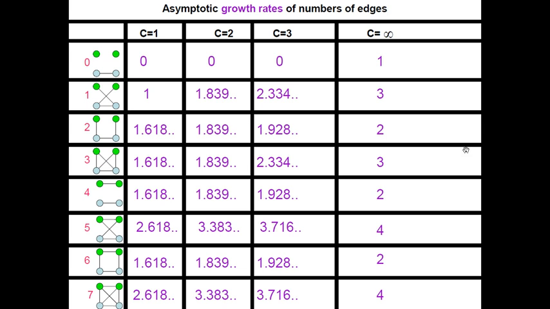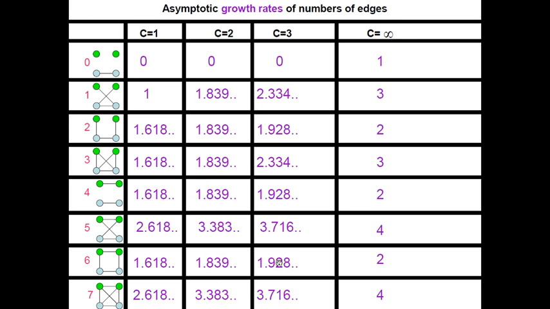There are a lot of results about how these age cap systems evolve. One can get degree distributions and studies of various graph invariants, and here I show the asymptotic growth rates of the number of edges.